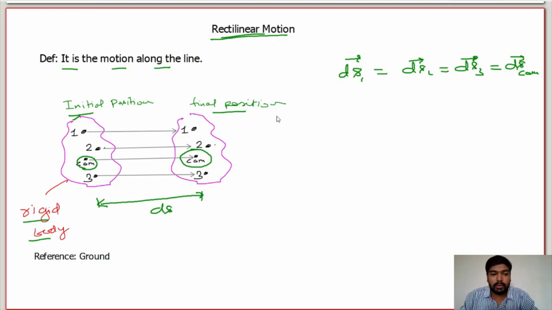Same for the velocity. If the velocity of particle A is v1, the same velocity is for all particles. That means v1 equals v2 equals v3 equals v4. Same for the acceleration.